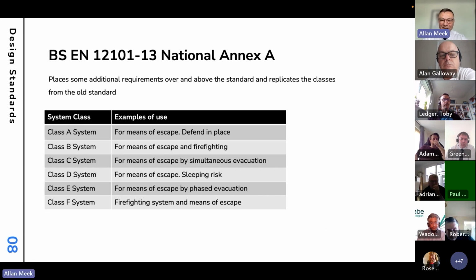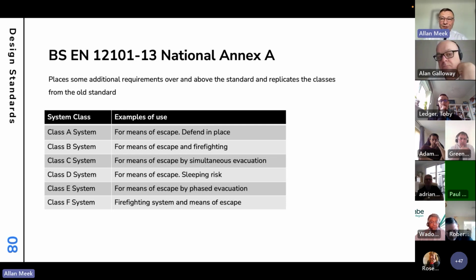Then, unfortunately, there's a national annex to the standard where the UK have put some additional conditions in, which confuses the matter slightly. So the national annex discusses the old classes, and there used to be 6 classes, and kind of implies that they were still very useful, and they'd like some of those conditions to still be included in the UK.